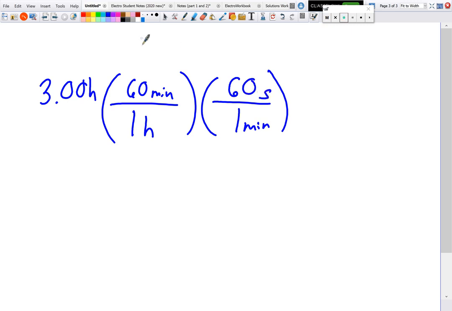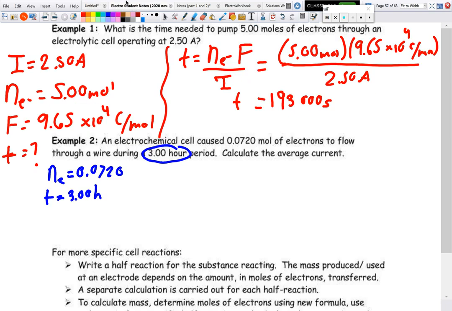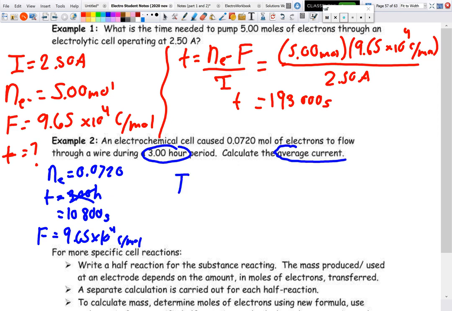So how this conversion factor is set up, we can tell that the units of hours cancel out, and now from our second conversion factor the minutes cancel out, and we are left with 10,800 seconds. So we can scratch this out, and time is equal to 10,800 seconds. We know Faraday's constant is given to us, 9.65 times 10 to the 4 coulombs per mole. Now for this one here, the average current, we can use our equation from the previous page.